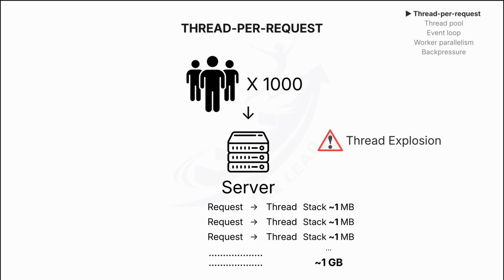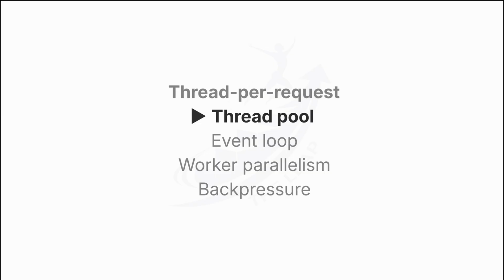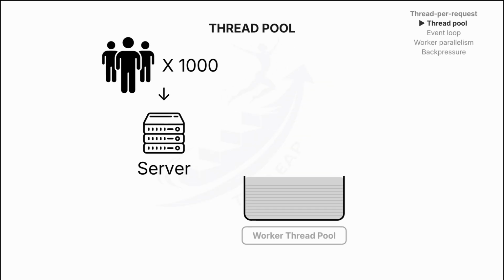So engineers looked for a way to control how many threads could exist at once. The solution was something called a thread pool. Instead of creating a new thread for every request, the server creates a fixed set of worker threads when it starts. For example, maybe 200 threads.